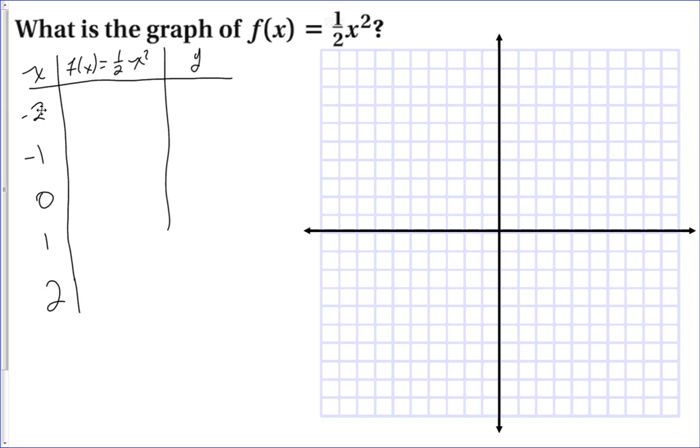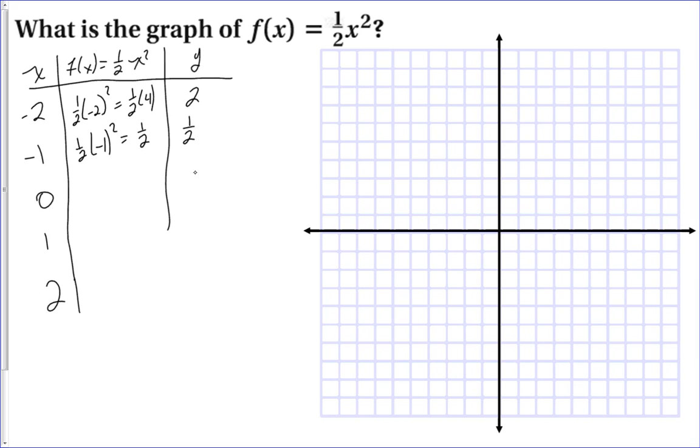So if you plug in a negative 2, what are we going to get? Well, negative 2 squared is 4. So 1/2 times negative 2 squared, that is 1/2 times 4, which is 2. If we plug in a negative 1, we get 1/2 times negative 1 squared, which equals 1/2.